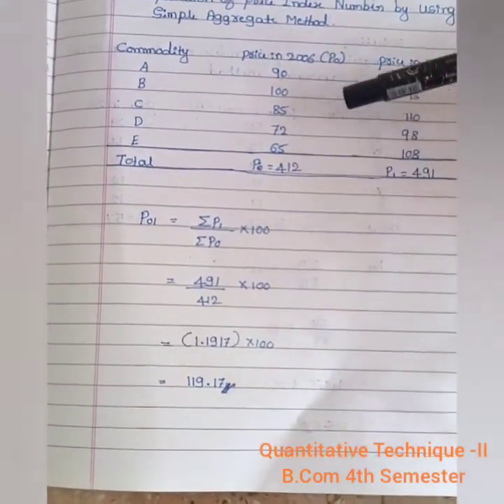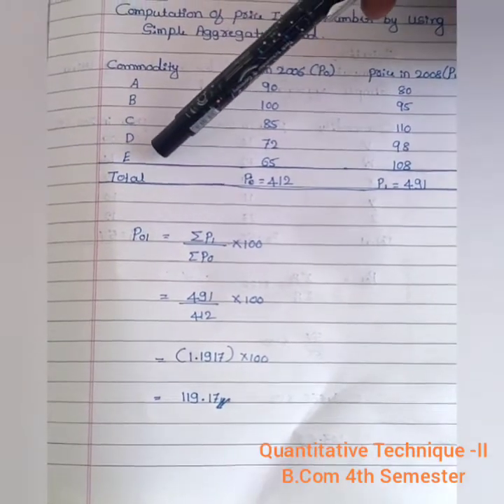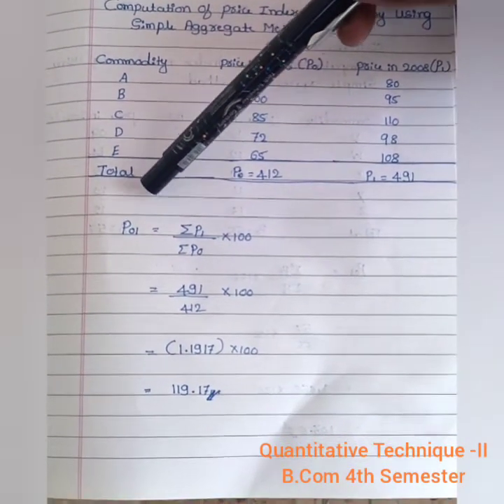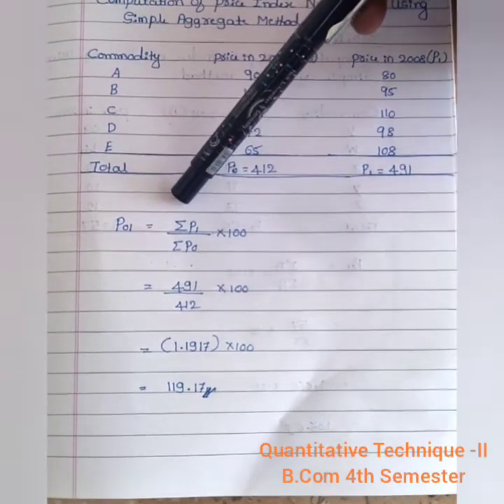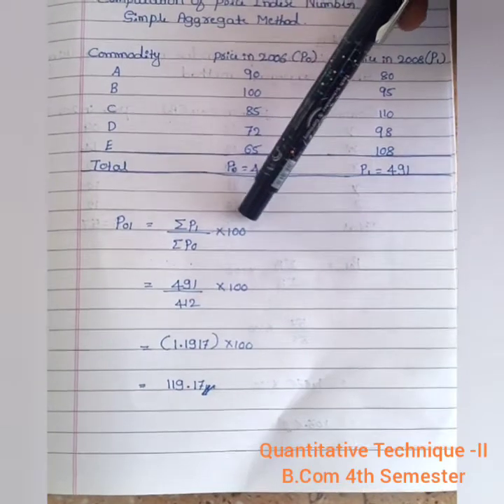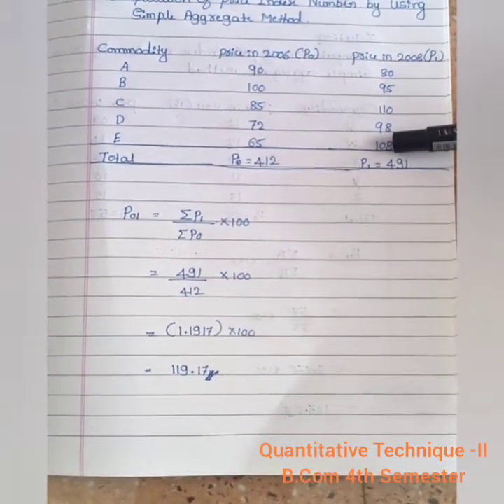Now we have to apply these values in the formula. What is the simple aggregate method formula? P01 is equal to sigma P1 divided by sigma P0 into 100. What is the value of P1? 491.